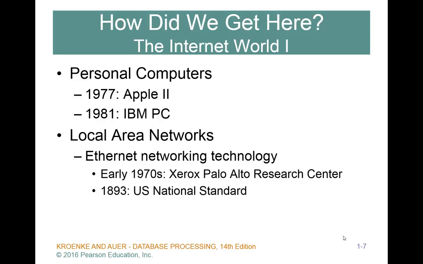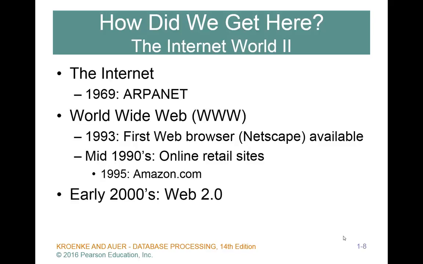Okay, so when we start talking about the internet, the internet originally started with ARPANET, which was a local area network used by the military, but it became very accessible in 1993. 1993 is when some of the first web browsers came out, where you could really surf, as they called it back in the day, the internet, where you could really get in contact with some of the World Wide Web resources.